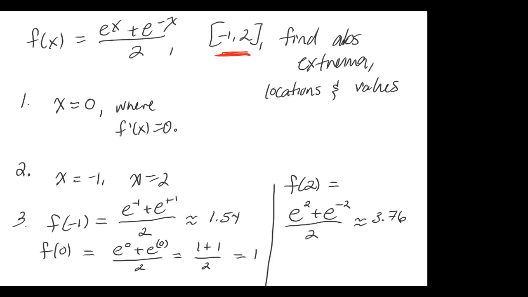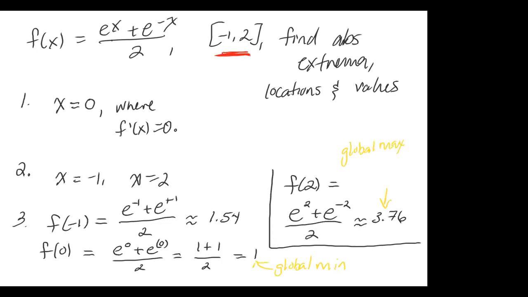So let's see. This appears to be my smallest y value, and this appears to be my largest, so that automatically tells me what the global maximum and global minimum are. Okay? 1 is the global minimum or absolute minimum, and 3.76 is the global maximum.